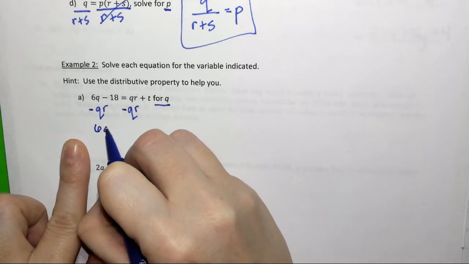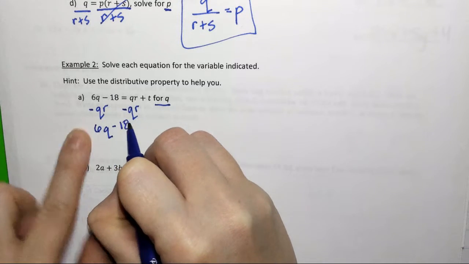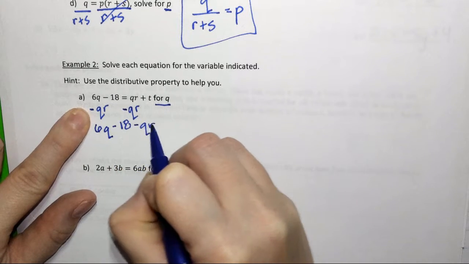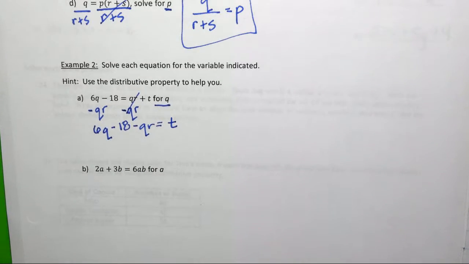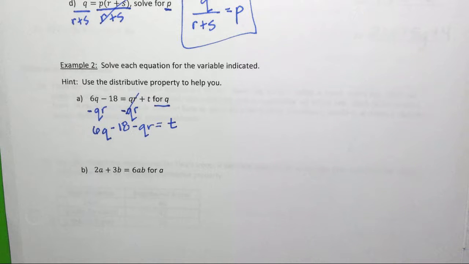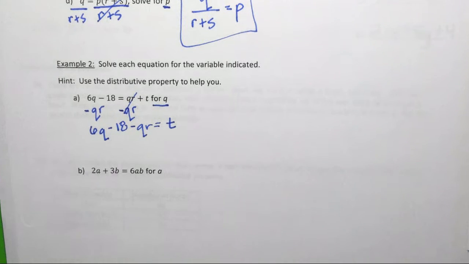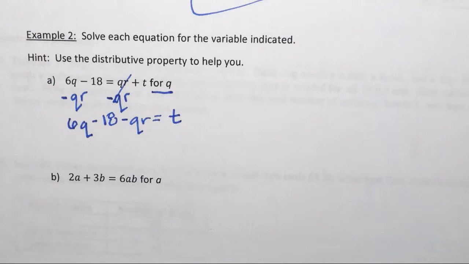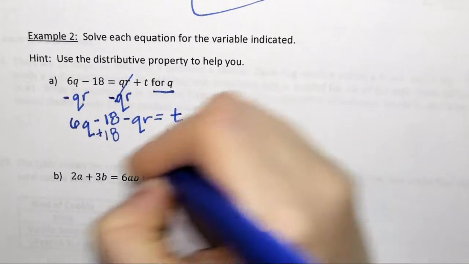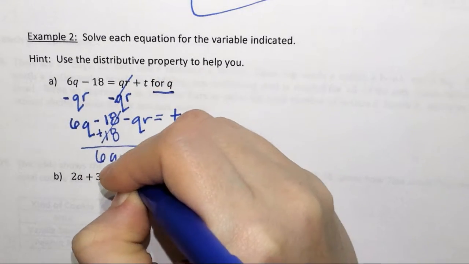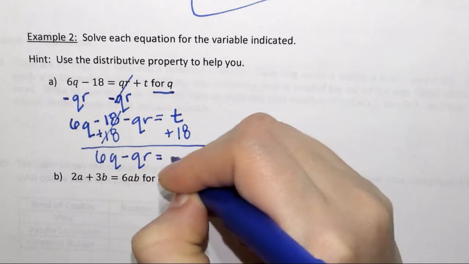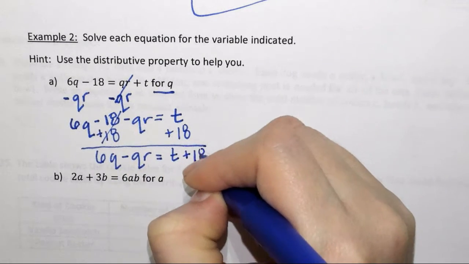I have 6Q minus 18, and then I'm going to write minus QR equals, this one's gone now, T. Which term over there on the left side doesn't have a Q in it? I need to move that to the other side. So I'm going to add 18. So now on the left side I have 6Q minus QR equals T plus 18.